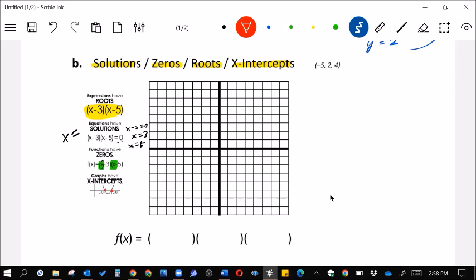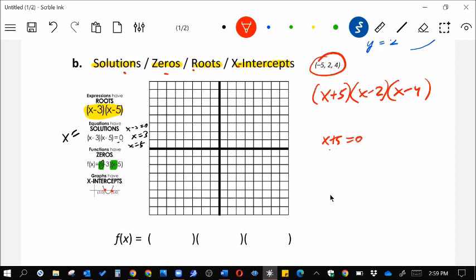So let's use these numbers here to determine about what a quadratic might look like, using these terms. So first, if I'm going to make them into roots here, I'm going to take the opposite sign. And the reason we do that is, let's take something like x plus 5 is equal to 0.